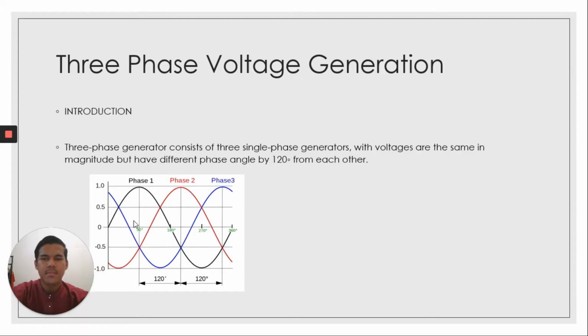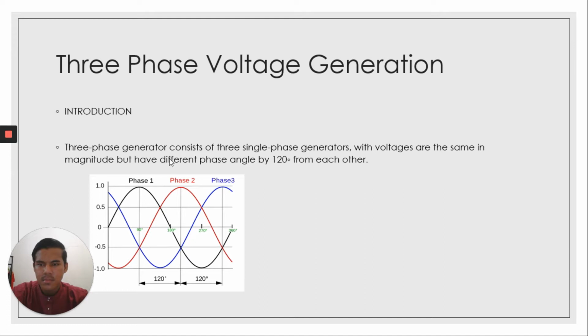Introduction. A three-phase generator consists of three single-phase generators with voltage of the same magnitude but with a phase angle difference of 120 degrees from each other.